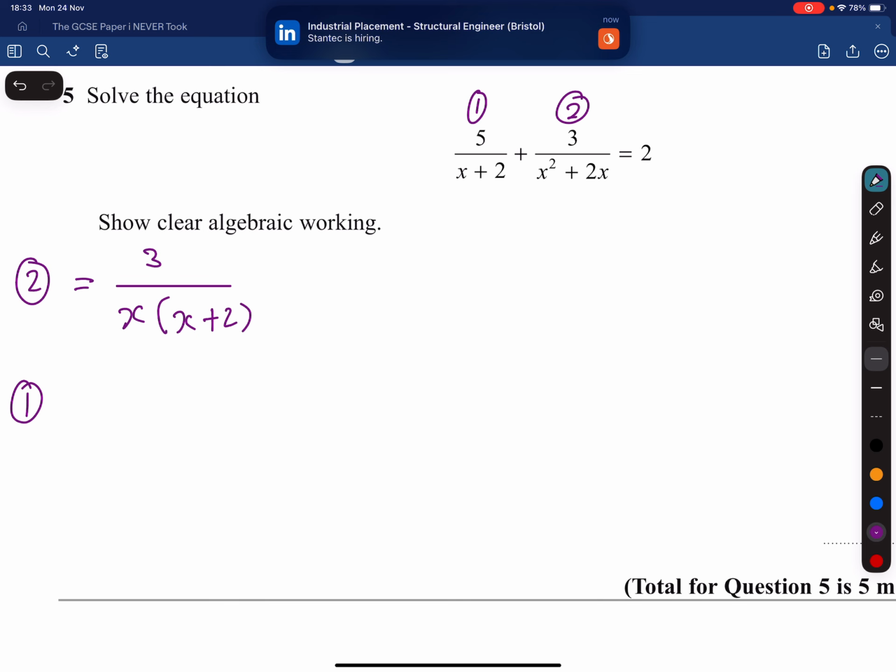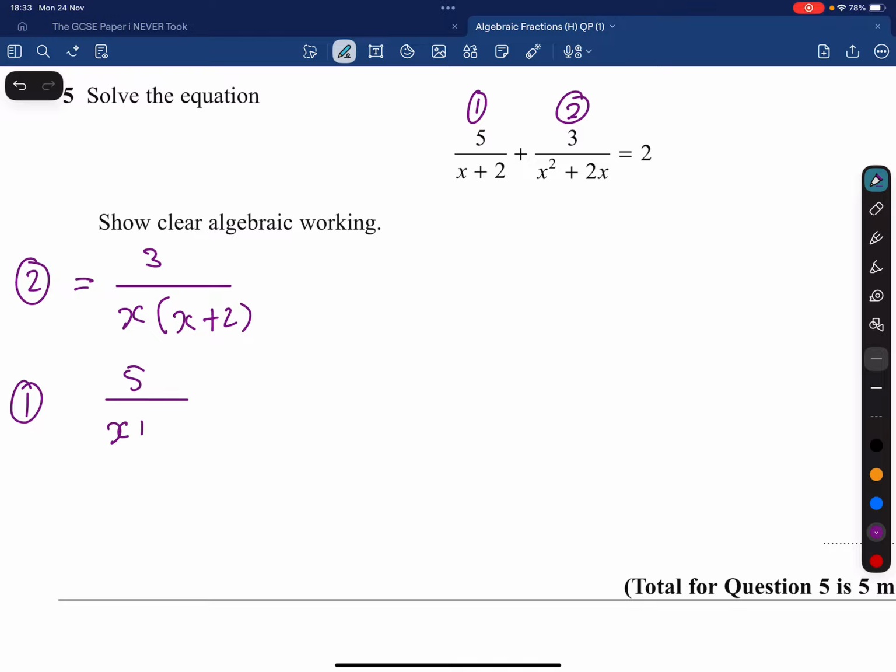We just need to multiply the top and the bottom by x to get a common denominator. So that would be 5 over x plus 2 times x over x, which is equal to 5x over x plus 2.